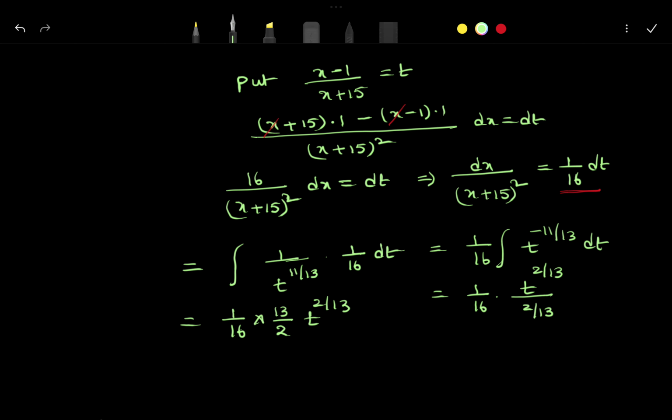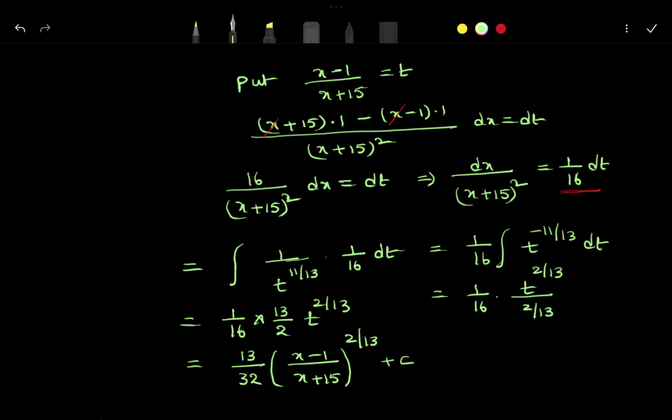Substituting, it equals 13 divided by 32 into t, where t is (x minus 1) divided by (x plus 15), whole to the power of 2 by 13, plus c.